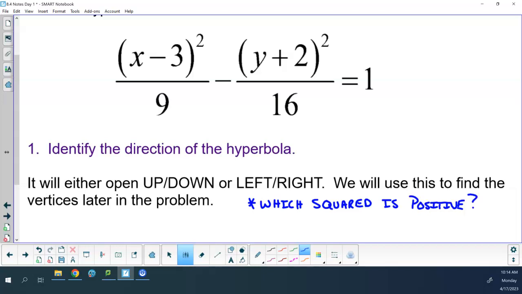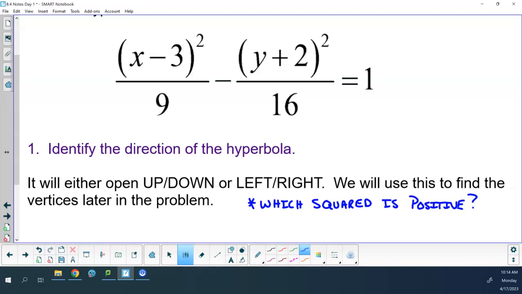One of them in a hyperbola is going to be positive. One of them is going to be negative. In an ellipse, they're both positive. In a circle, they're both positive. Hyperbola is the only one that has a negative squared term.